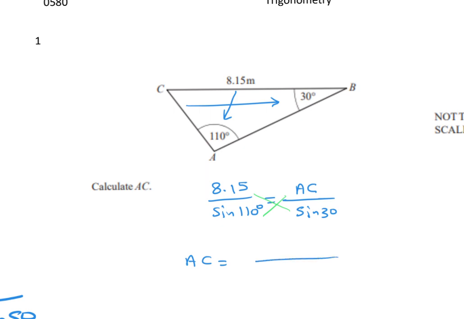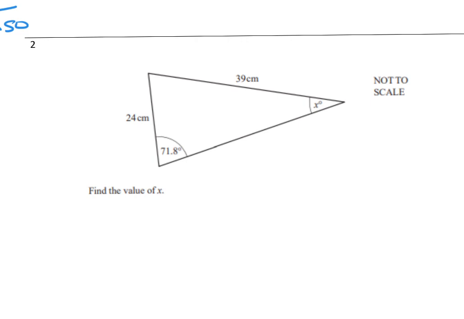So 8.15 sine 30 over sine 110. So what is the answer? 4.34. Yes, write the answer to three significant figures if not exact. We have two sides and the angle.